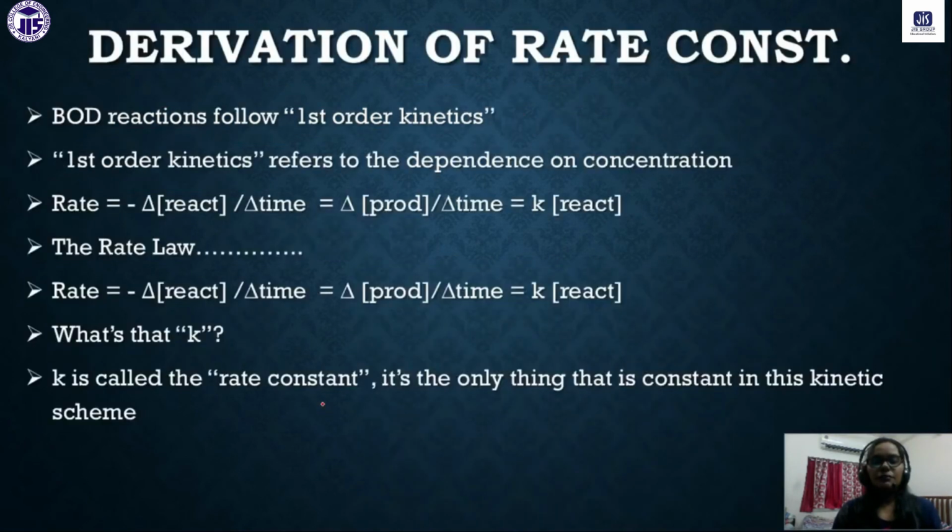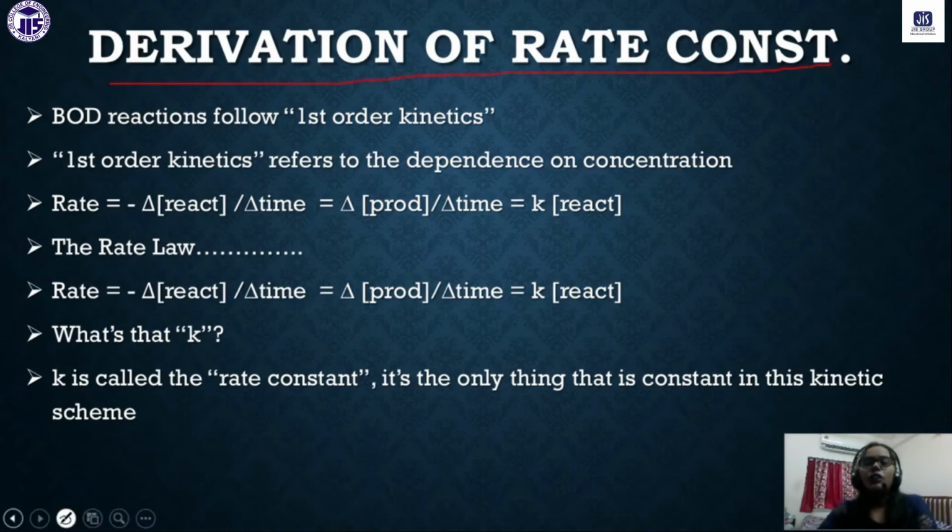Okay, now we will see the derivation of the rate constant. Very important, the rate constant. First of all, you should know what you mean by the rate of a reaction. If I say the rate of a reaction is first order, or second order, or nth order, what does it mean?